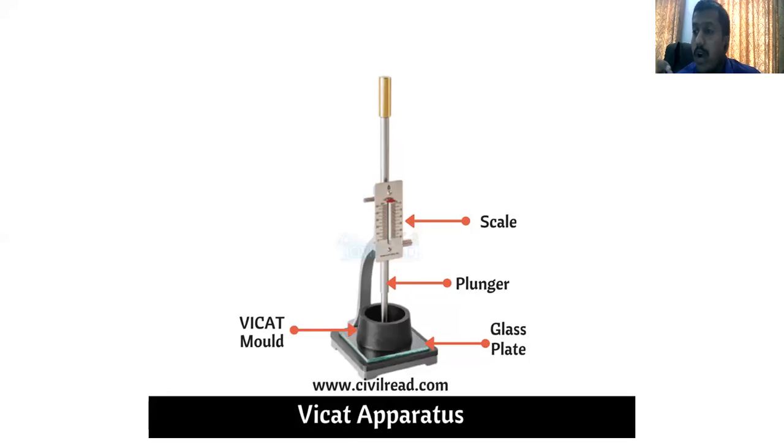Now I am going to mix it. But before mixing, I will make sure that I prepare the mix of cement and water within 3 to 5 minutes only, my dear students.